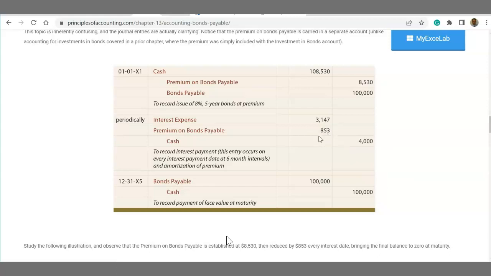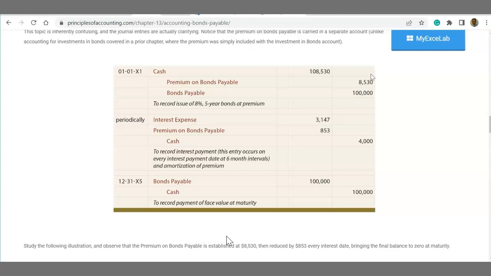This is straight line amortization. That means 8,530 divided by 10 periods. But normally GAAP says, okay, if this is a very small amount of bond, I might accept that. But for a large amount of bonds, you cannot use the straight line method.